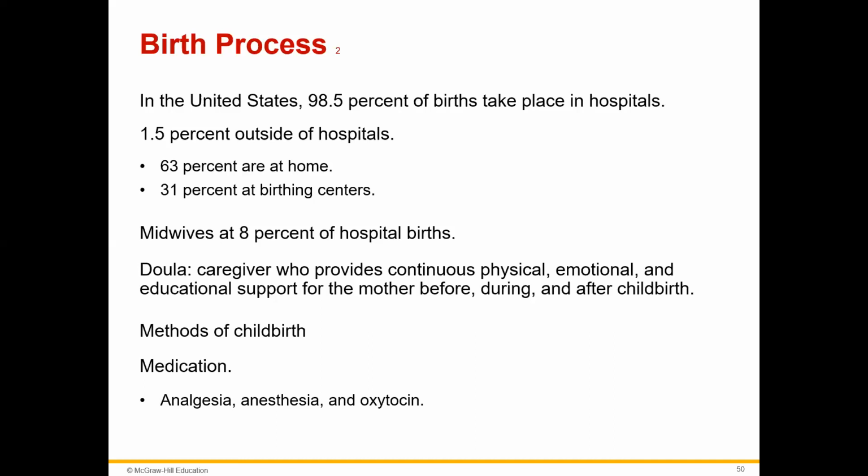Typically, though, it's used to block sensation in the lower part of the body, where the mother won't even feel that part of the body anymore. So once again, analgesia, pain relief, anesthesia blocks sensation.